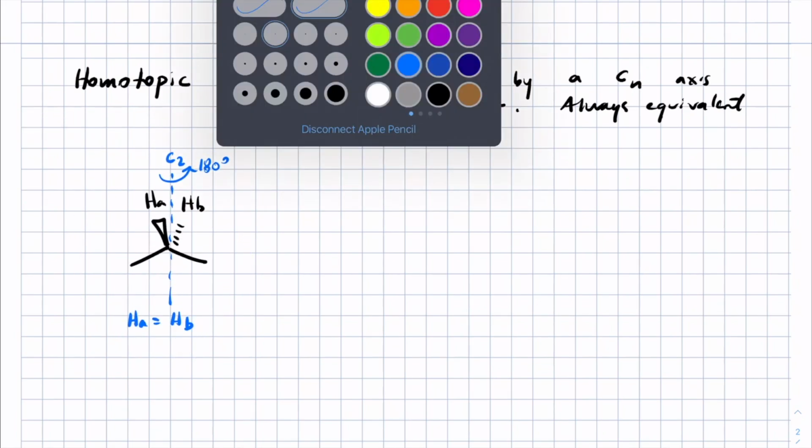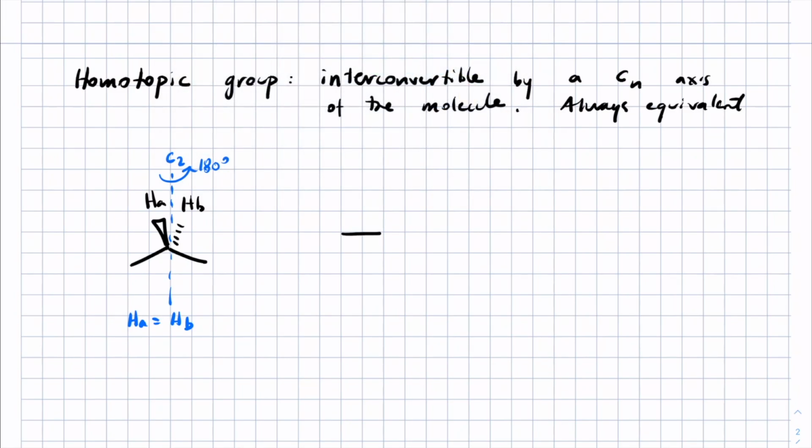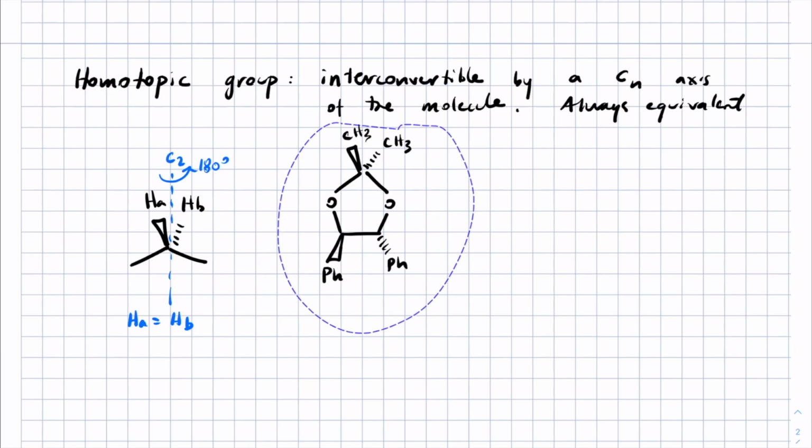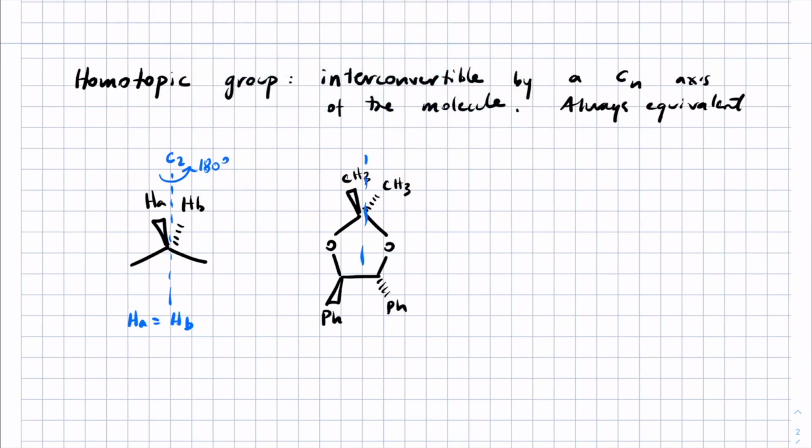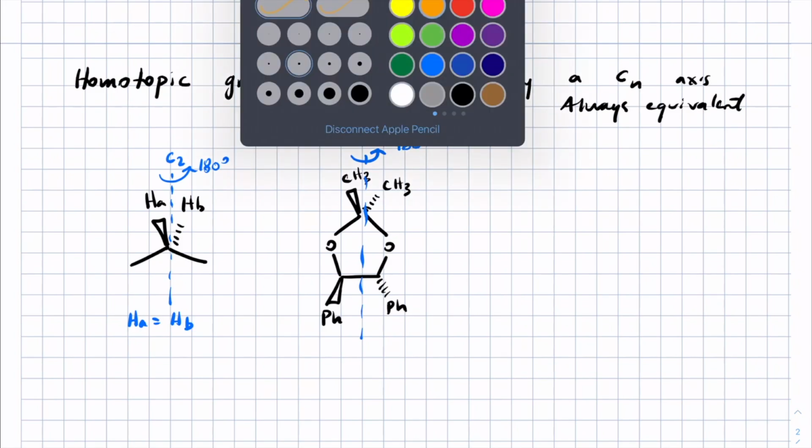Here is a molecule that is chiral. And this molecule likewise has an axis of symmetry, a C2 axis, rotate 180 degrees.